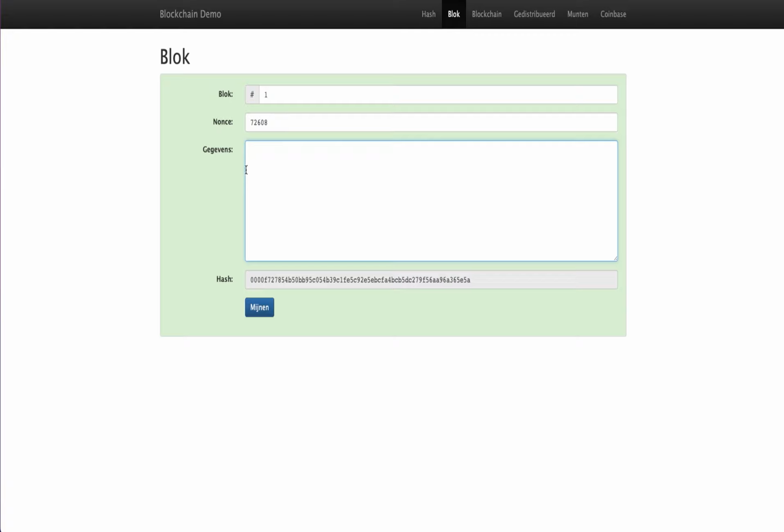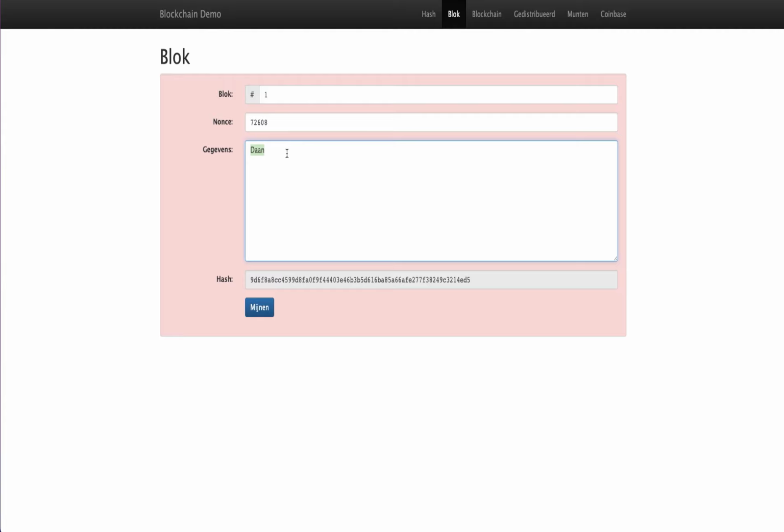Because now the block is green, but when I change the data, like my name again, you see the block became red. Why is it red? It is because the 4 zeros are gone. So the hash needs to start again with 4 zeros, only because I want to leave this data in it.